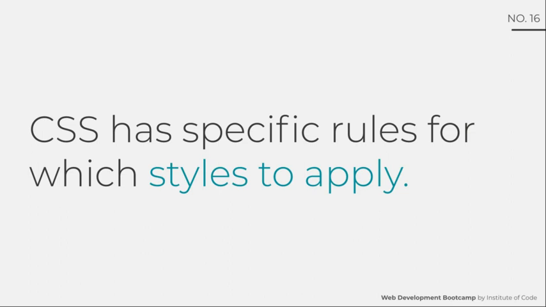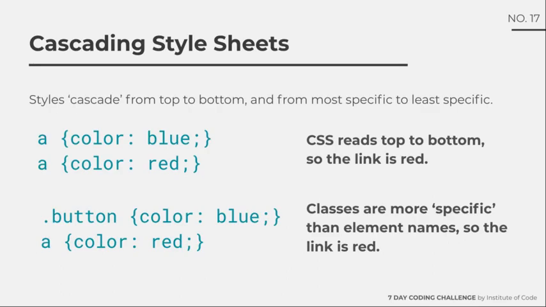CSS has rules to understand which styles to apply when there's conflicting CSS rules written. This can get a little bit complicated. Feel free to screenshot this, or I'll save it in the notes and you can come back to it. But there's two main ways that it cascades, that it applies the rules. First, it reads from top to bottom.